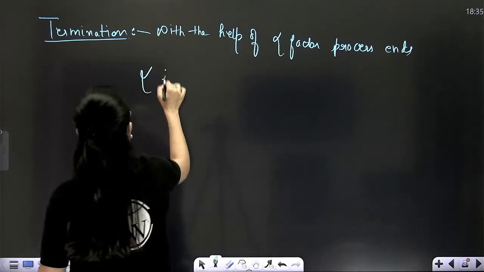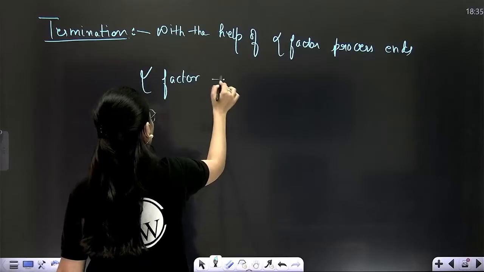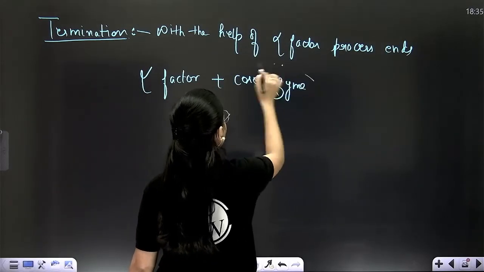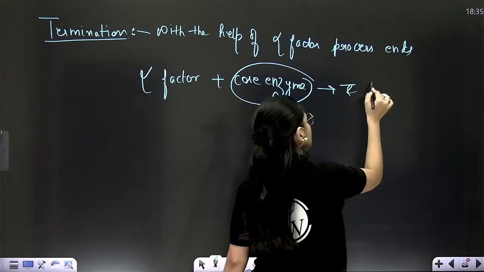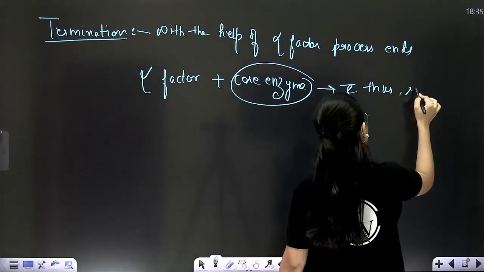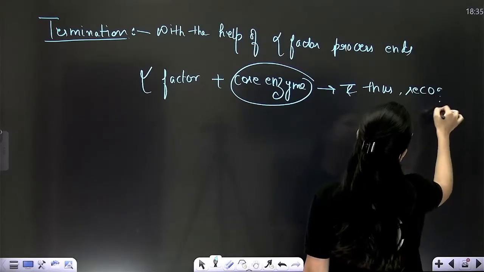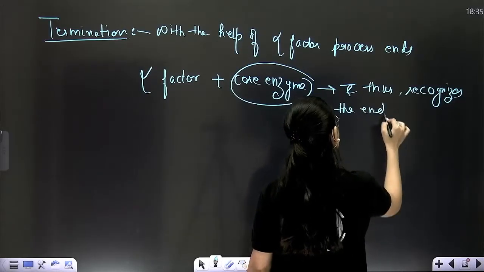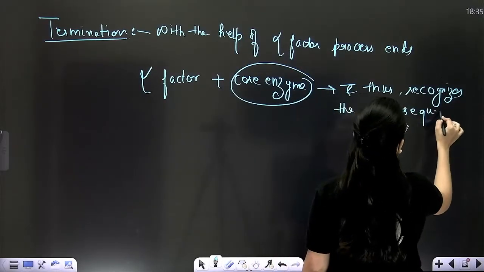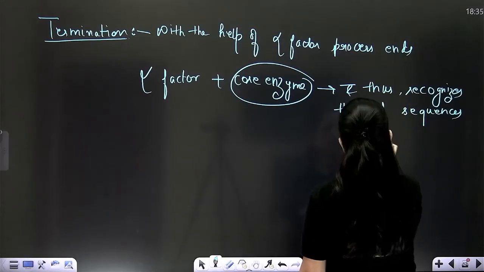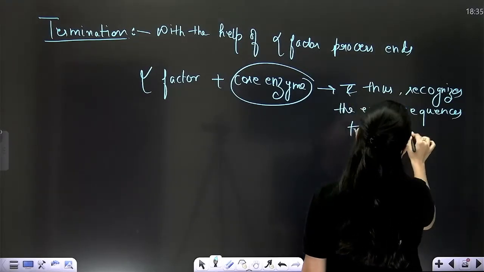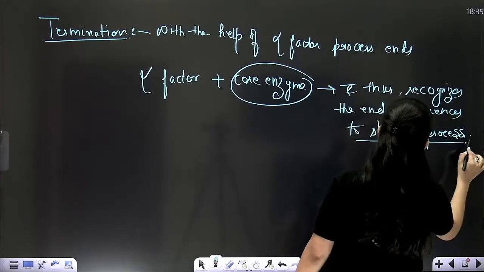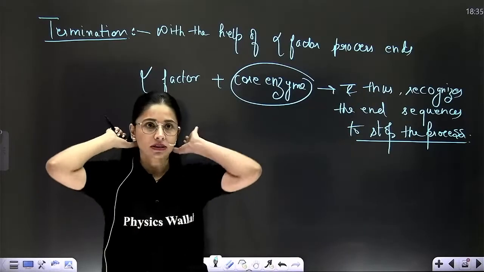Rho factor binds with core enzyme and thus recognizes the end sequences to stop the process. Clear?